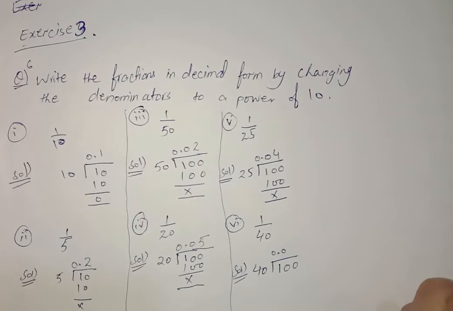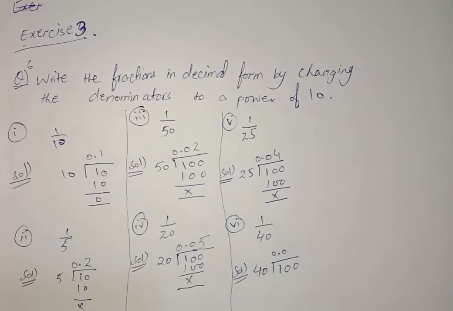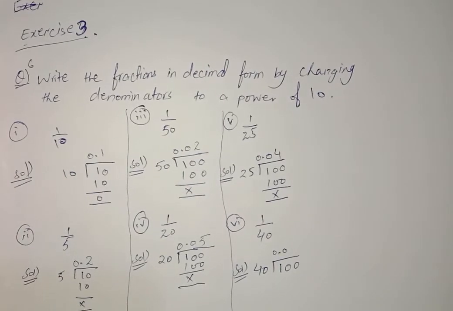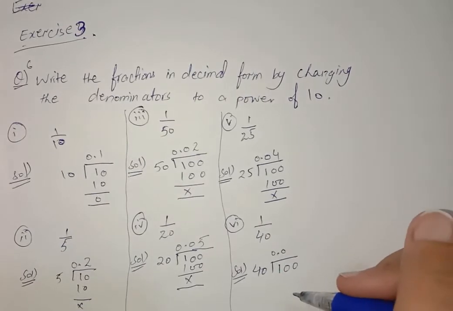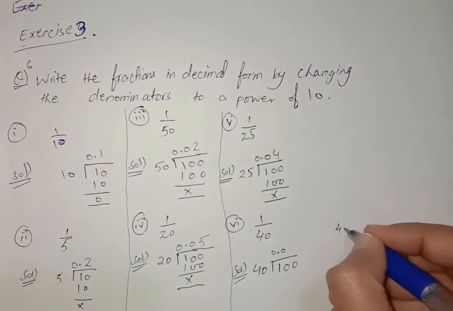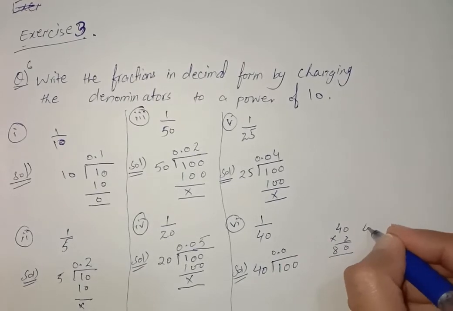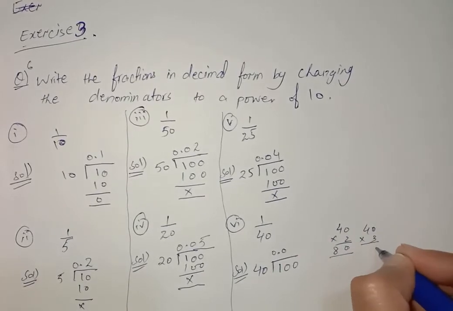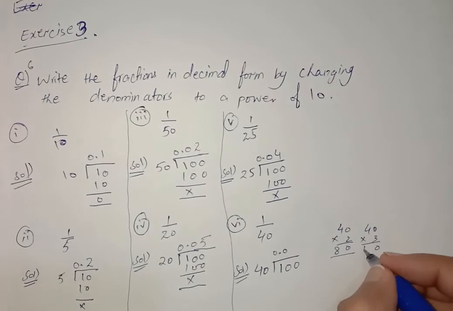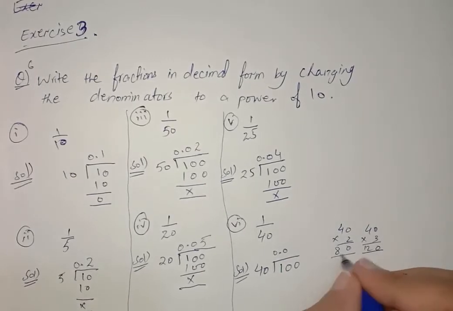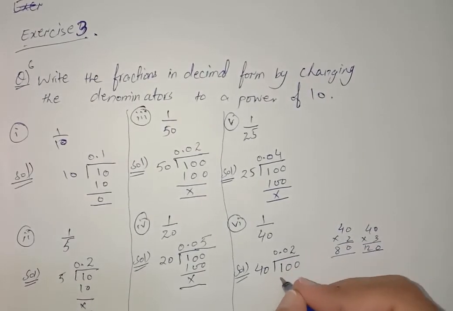How? Does 100 come in a table of 40? No, it doesn't, because if we multiply 40 with 2, 2 zeros are 0, 4 2s are 8, and 40 with 3, 3 zeros are 0, 4 3s are 12. It is more than 100, so we can place 40 2s, which is 80.